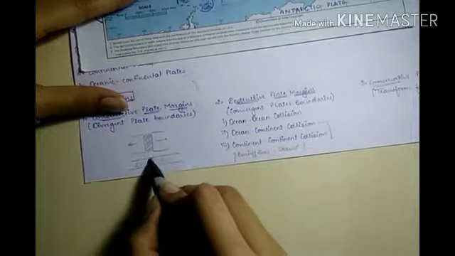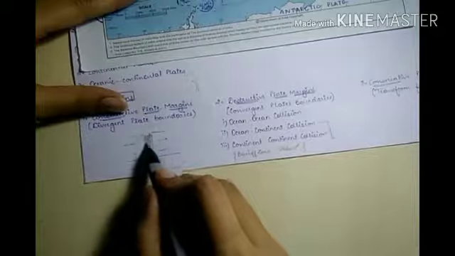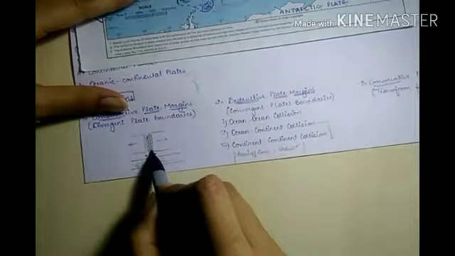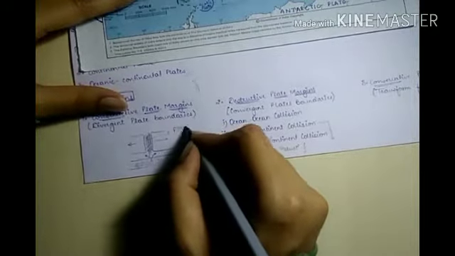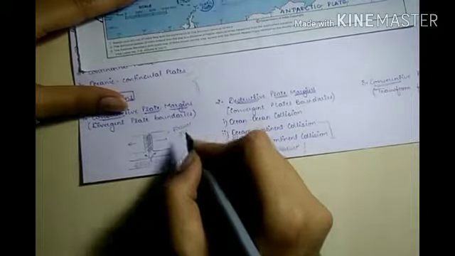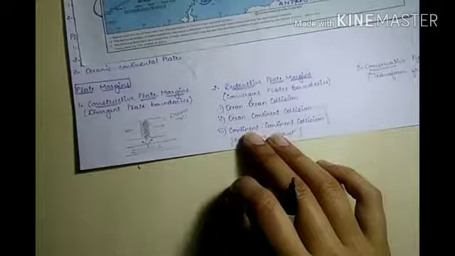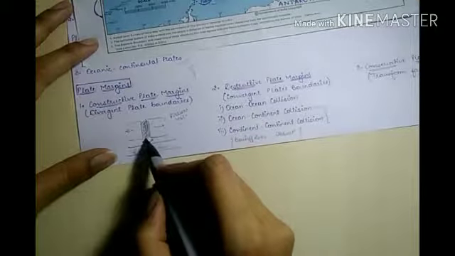This magma rises and fills in here. This magma rises in the form of fissure volcano, okay. So this fissure volcano occurs and the new crust is formed.